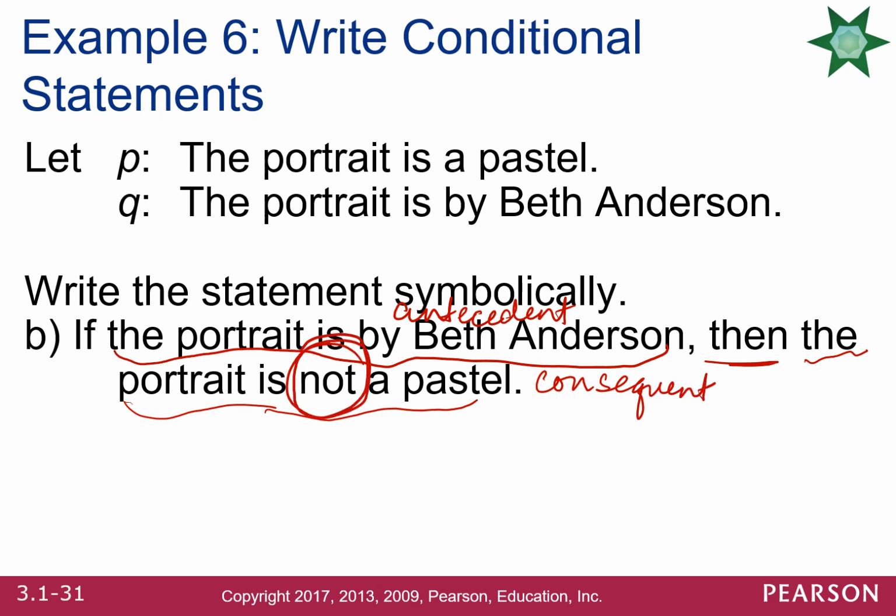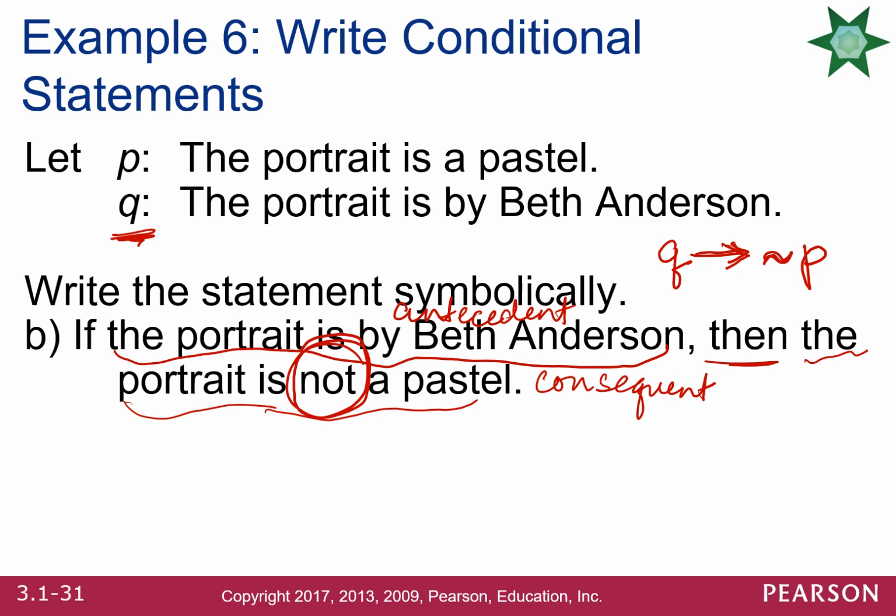So how do we write that symbolically? It's going to be Q first because Q is now the antecedent. So I'm going to write Q and then followed by the arrow, which represents if-then, but the then is not a pastel. So it's going to be the tilde representing not, followed by P, which is the portrait is a pastel.